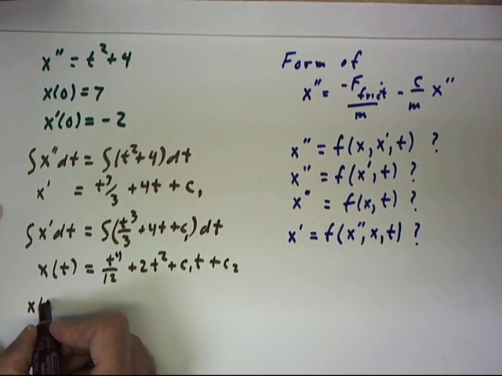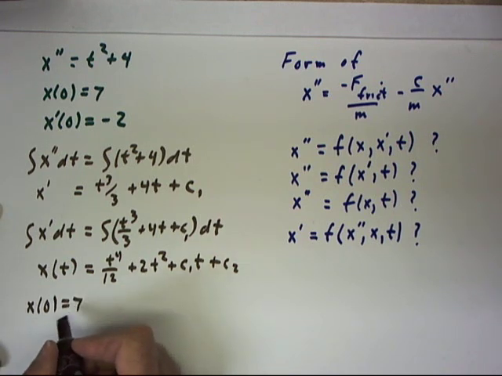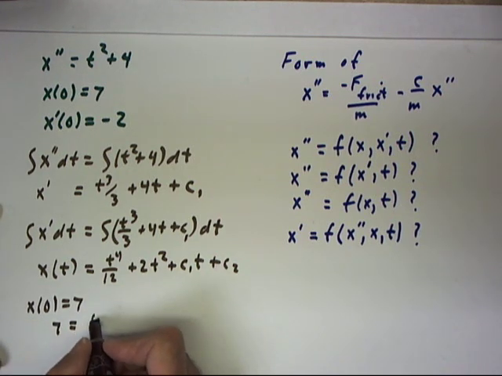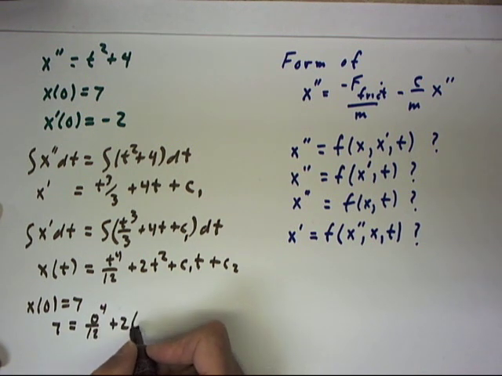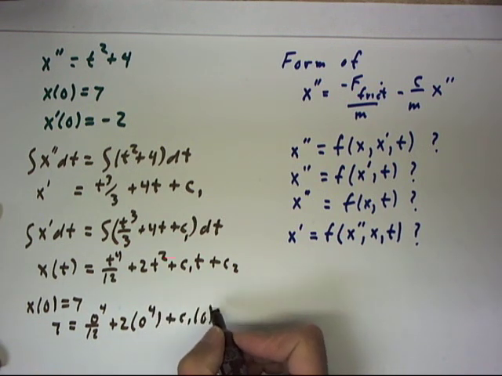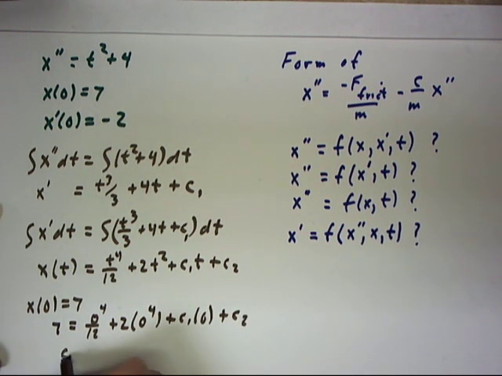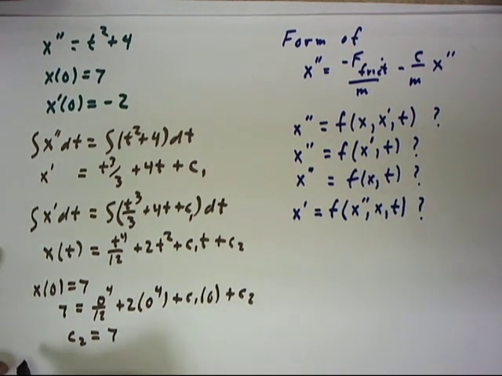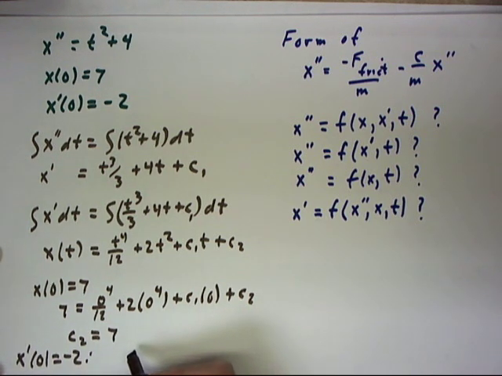Applying the condition x of 0 equals 7, we get 7 equals 0 to the 4th over 12 plus 2 times 0 to the 4th plus c1 times 0 plus c2, so that c2 equals 7. x prime of 0 equals negative 2 gives us the equation.